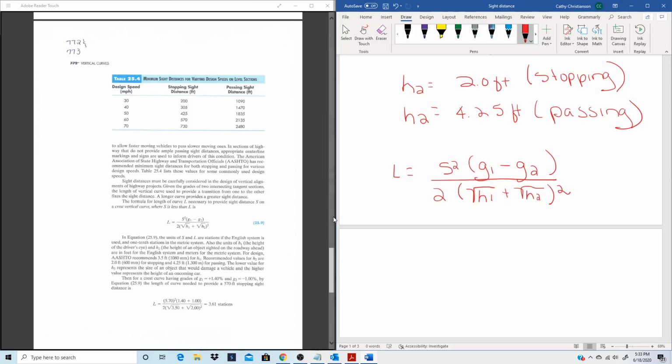So typically it's a formula. In this problem it says that the curve has provided a 570 foot stopping sight distance. The G1 is 1.4, and the G2 is a -1.